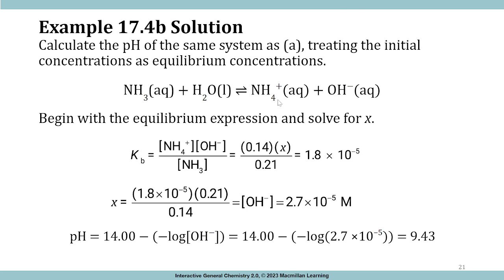And so we're going to substitute those initial concentrations in, 0.14 and 0.21, and then that's X there. We go ahead and solve, so times 0.21 divided by 0.14, you're seeing that this is actually the exact same thing we ended up doing, isn't it? Okay? And we do the exact same work as we did before, and we get 9.43. Okay?